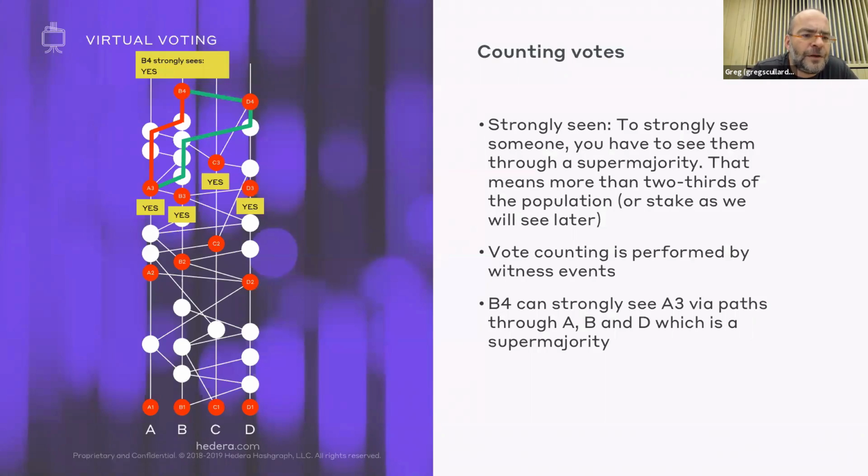So we're now looking at B4, and we're trying to determine whether it can strongly see A3. And it can. If you follow the red lines and the green lines, you can see that the lines flow through a majority of the nodes. C is not participating, so A3 is not being seen through C from B4, but seeing it through A, B, and D constitutes a supermajority. We have more than 2/3.